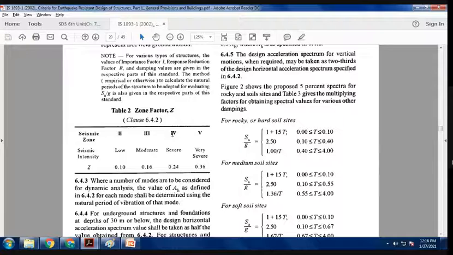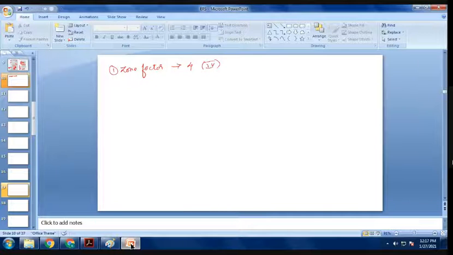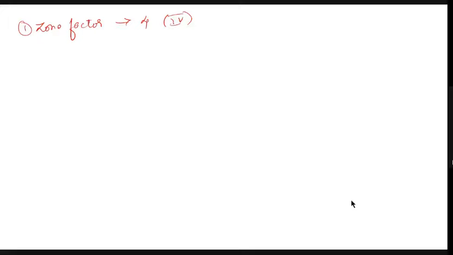In the question it is said that it is falling in zone number 4. The value for it is 0.24. So the value of Z, how much is it? It is 0.24. Therefore, Z equals 0.24. From where we have got? You have got from the code book, that is from table number 2.